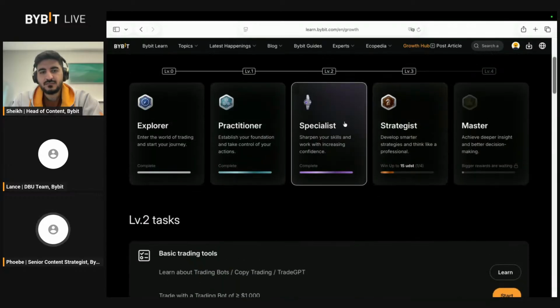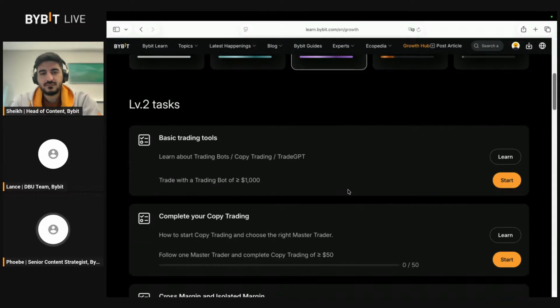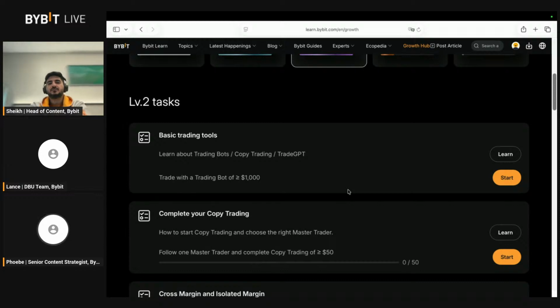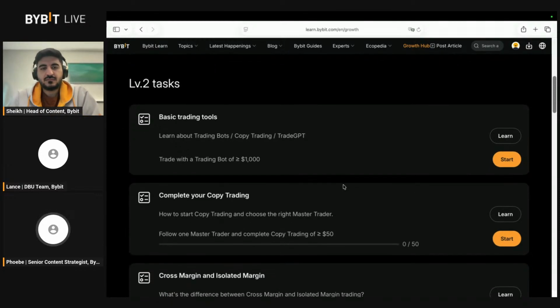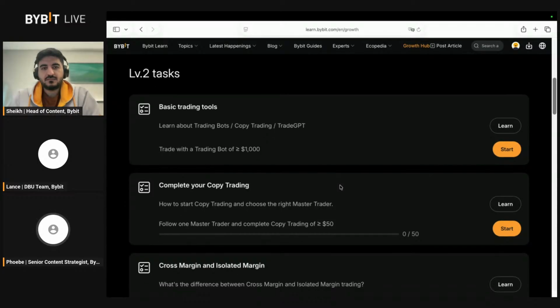And for level 2, we can see it's an intermediate level. This level is designed for users who already made their first trades and are ready to explore more products and strategies. Here you go from I can trade to I know what I'm doing. This is where you start using the tools that professional traders are using.